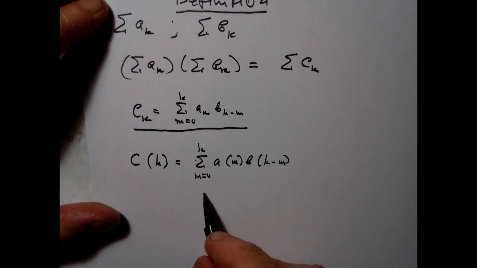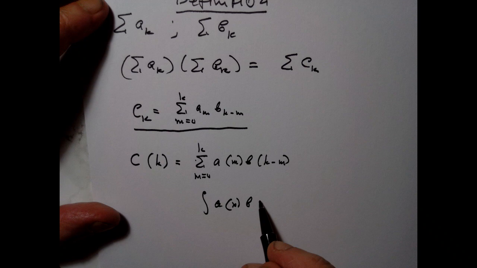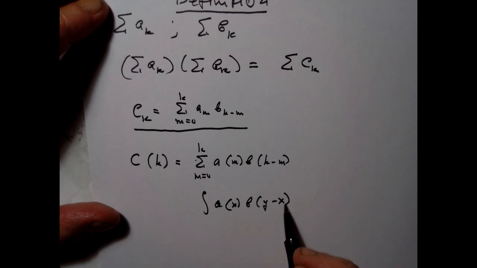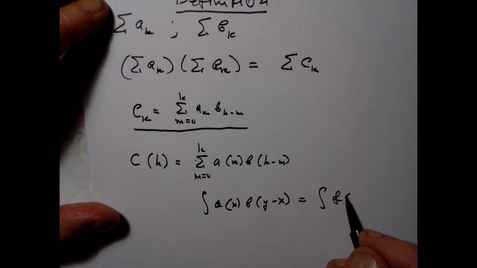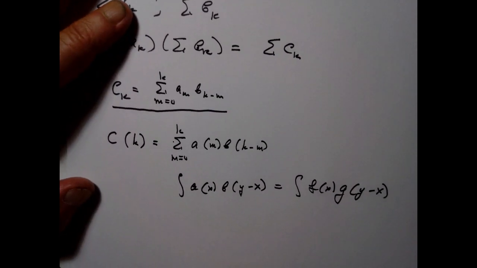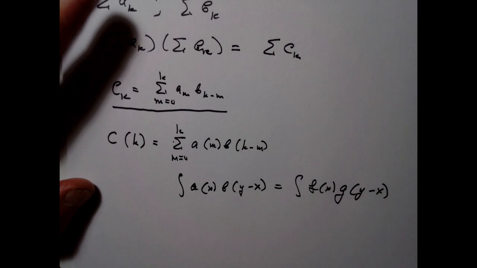So this will look very much like an integral of f of x g of y minus x. And probably when you studied the Laplace transform in differential equations, I am sure that you looked at this, and this was called the convolution of two functions f and g.